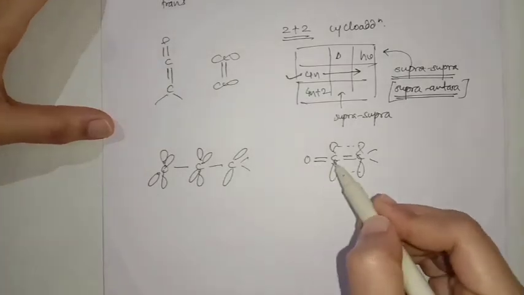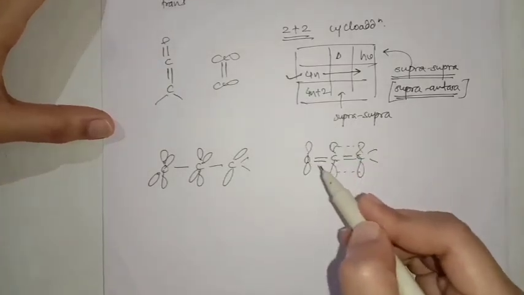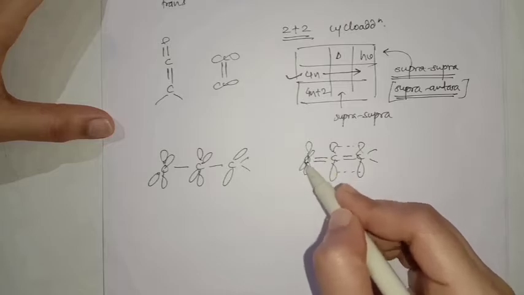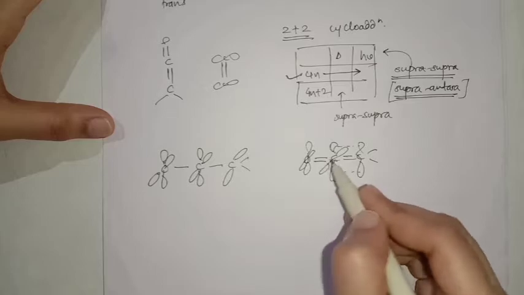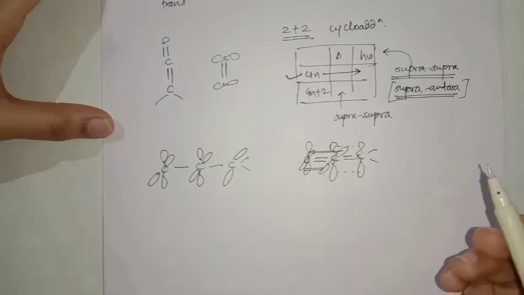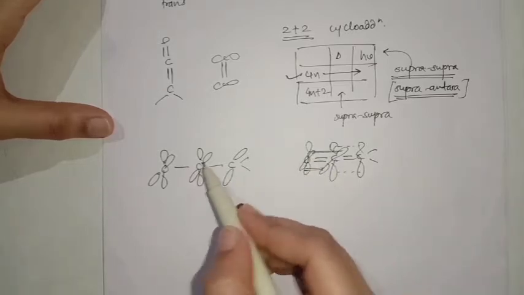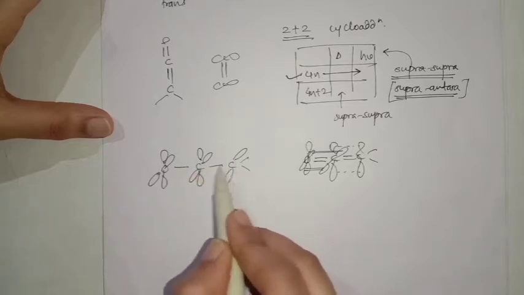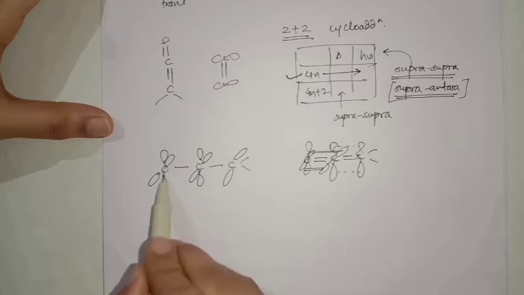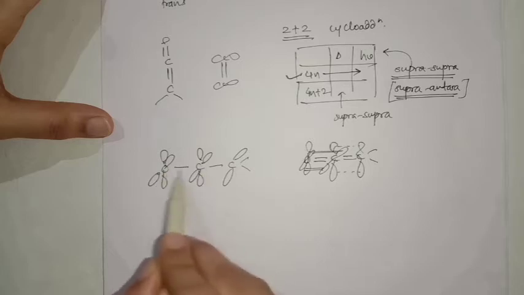This oxygen must contain one p orbital, which is orthogonal to the other p orbitals, right? So there will be a requirement of another p orbital. This carbon requires a total of 2 p orbitals: one for the pi bond between this carbon and this carbon, and a second for the pi bond formed between oxygen and carbon.